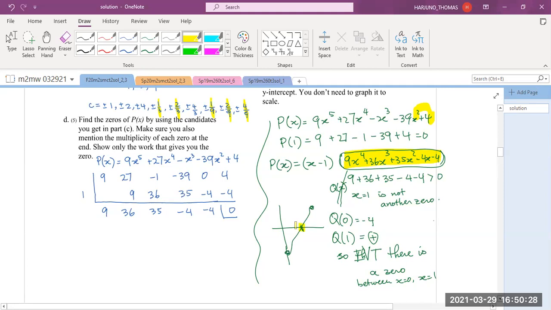And from the rational zero theorem, there are only 5 possible rational numbers in that interval from 0 to 1 that can be zeros. So I will check those. Again, the right-hand side here is just our scratch paper.